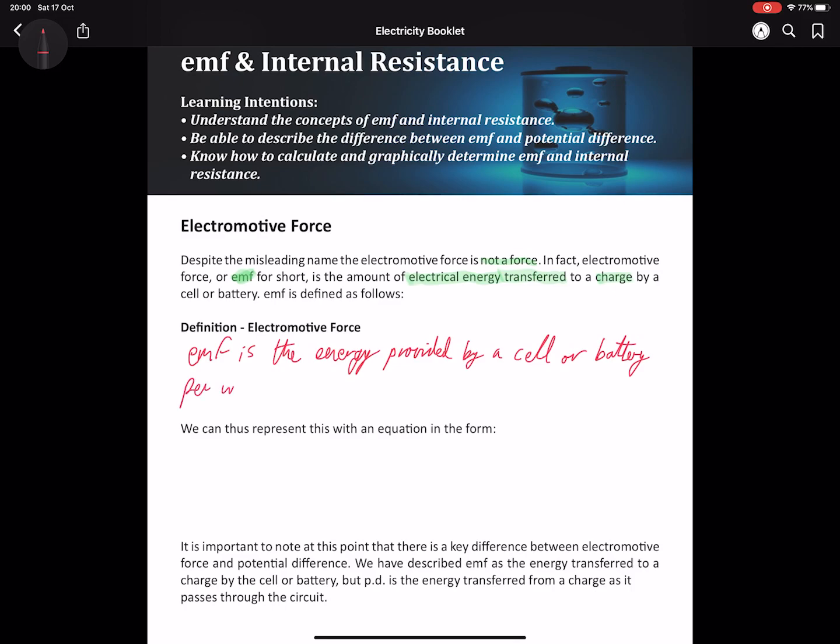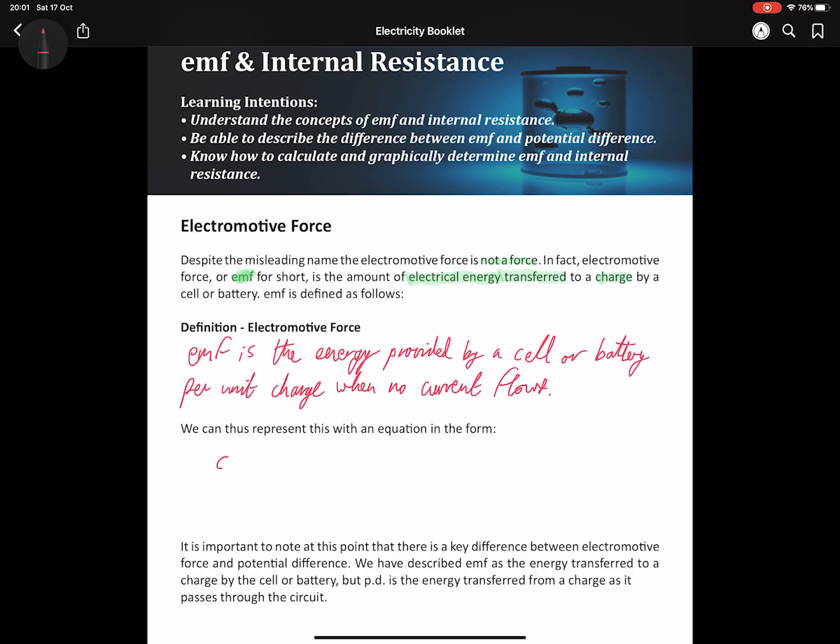The key difference that makes this stand out from potential difference, however, is that this is only the case when there is no current flowing. The reason for this is as soon as current starts to flow through a circuit and through the cell and battery itself, it causes a heating effect, which means you never truly get the full potential of that supply.